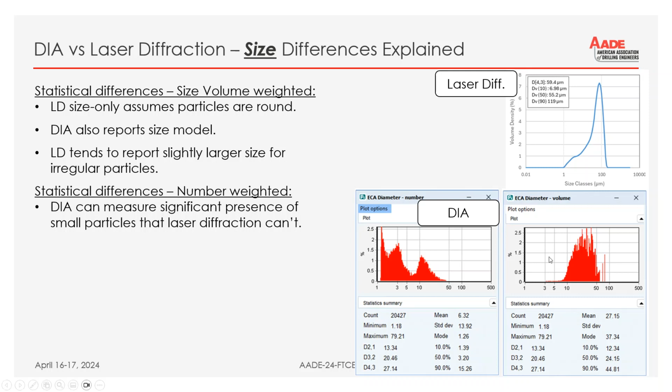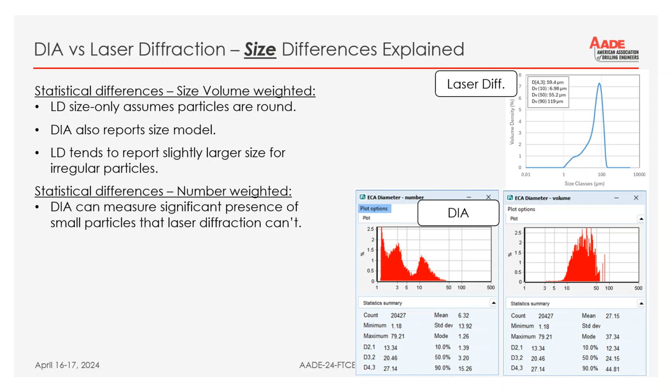The reason laser diffraction won't show this information, which is in the number weighted distribution of dynamic imaging, that's from 1 to 6 microns. If you look at the graph on the upper right, you don't see that. Very little. You see maybe something right here, a small little bump, and that's about it. The reason that happens is because of volume weighting. When you look at a volume weighted distribution, it benefits more or skews a bit more toward the large particles.